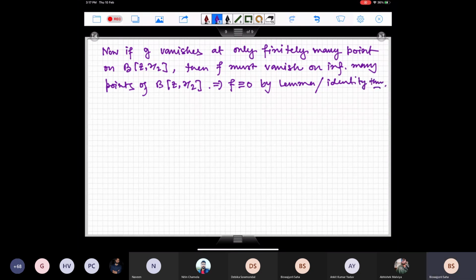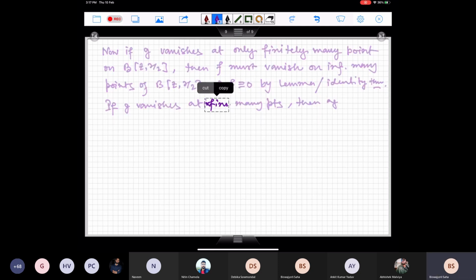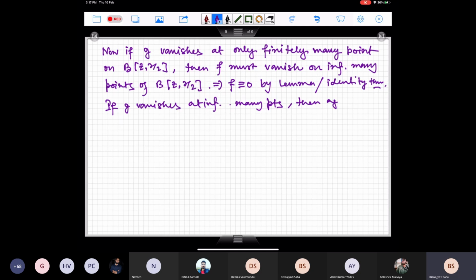And if g vanishes at infinitely many points, then again by the lemma or identity theorem, whichever you wish, g is identically 0.